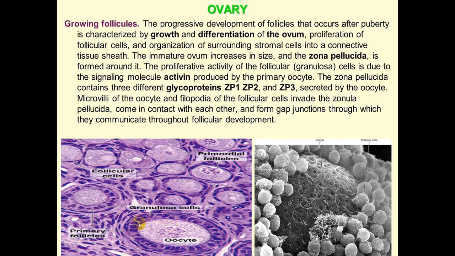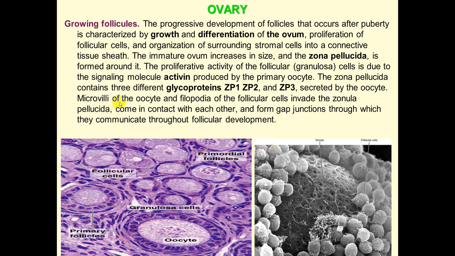These changes also happen in the oocyte. Oocytes start to produce zona pellucida around it. The cytolemma of the oocyte is the vitelline membrane, as you remember. But the second tunic is zona pellucida.